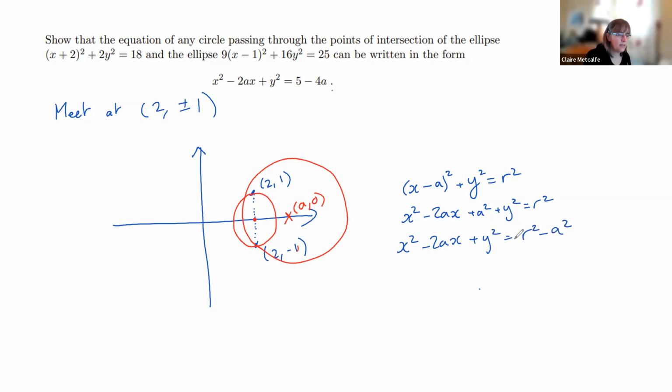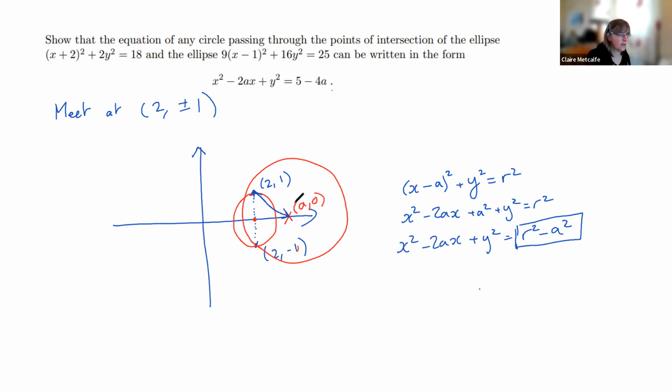Okay, so we need to find this just in terms of a. So if we consider our centre to be at (a, 0), and we consider the distance between these 2 points, we know this lies on the circle.